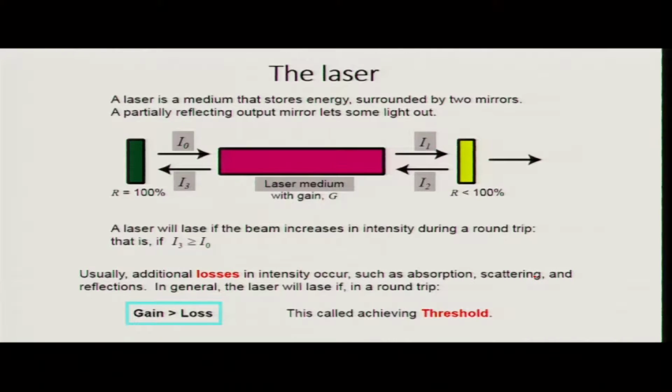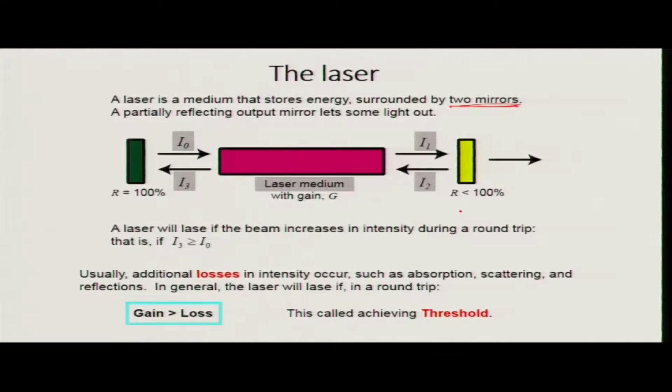So, the laser is therefore a medium that stores energy, surrounded by two mirrors. Now, why do you need these two mirrors? That is because we want to keep the process going over and over again. So, it is the repeatability of the principle that we are looking at.